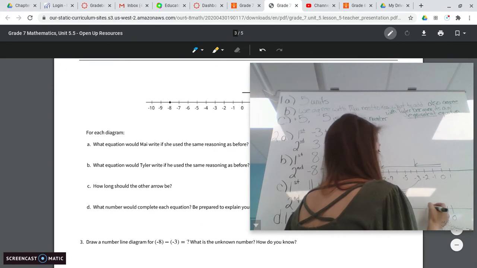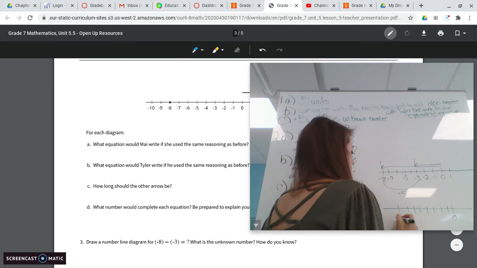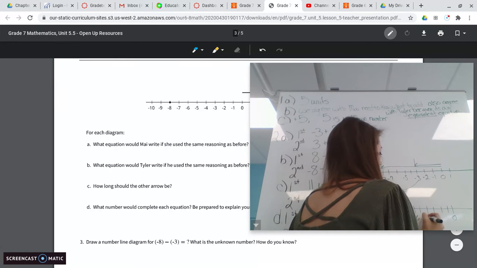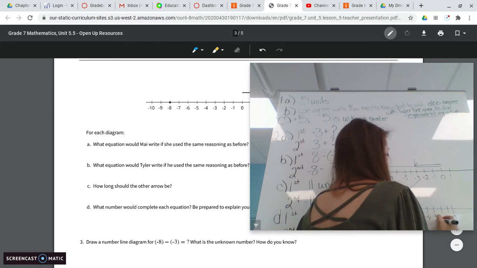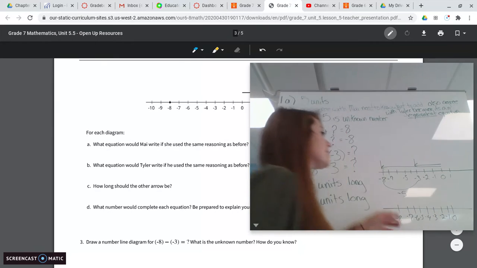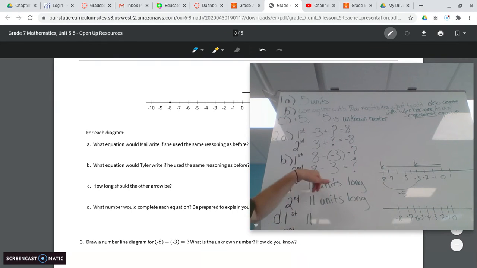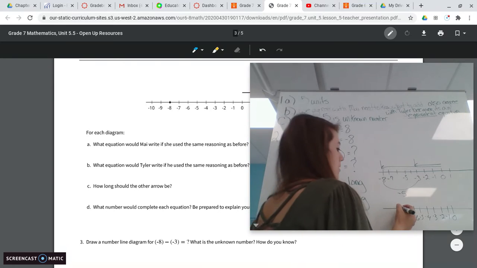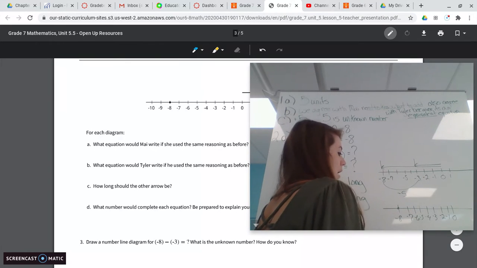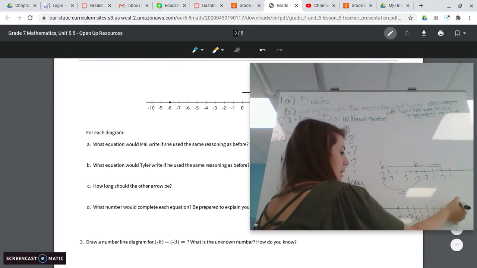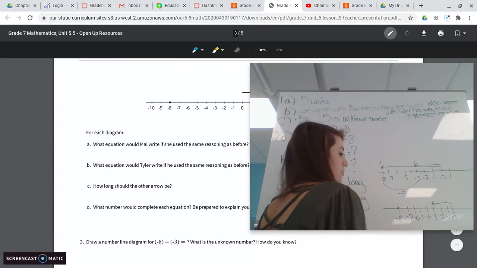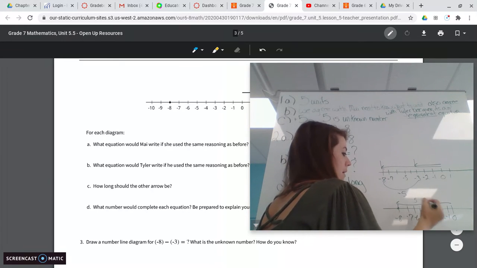0, 1, 2, 3, 4, 5, 6, 7, 8, 6, 5, 4, 3, 2, 1. Since this is being based off of Tyler's method, he takes the final number, so this is our final number, and then our starting number, so he starts with the negative 3, then we need to figure out how much longer this arrow needs to be to get to the 8, and that would be the 5 units.